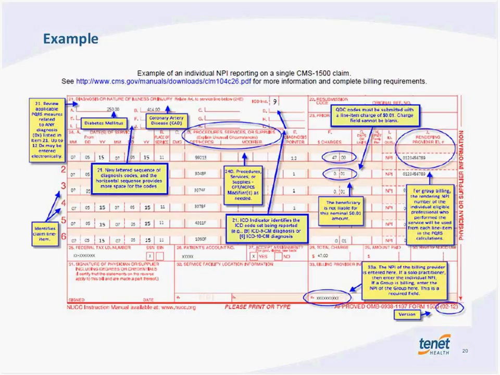The Category 2 codes are always reported with a charge of 1 penny in column F. As we mentioned before, these are not payable codes, so you will not get paid for that penny, but you can have that penny on there for that claim to take it out the door over to the payer.